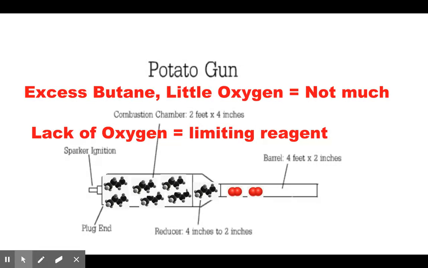This is why it's kind of tricky, because when you look in the beginning, you think to yourself, oh, he just did it for a couple seconds for the first time and he got a huge reaction. The next time it's going to obviously be crazy if he goes crazier with it, right? Well, if there's a lack of oxygen, then that means that oxygen is our limiting reactant or reagent. And we're going to run out. We don't have enough oxygen to actually make that reaction as ideal and perfect as it could be.